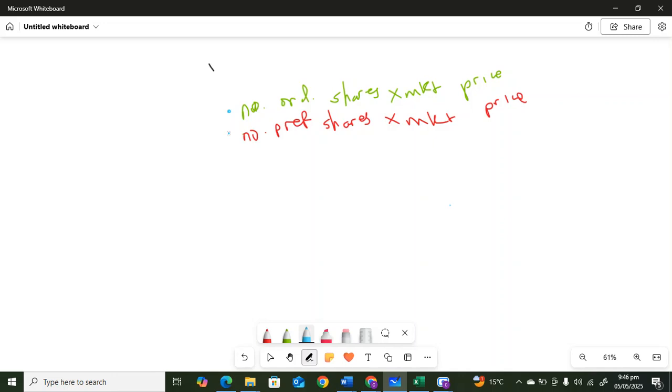Look at how we did for ordinary shares and preference shares. So for the debentures, it is the number of debentures times market price. Have you seen the pattern that's here?